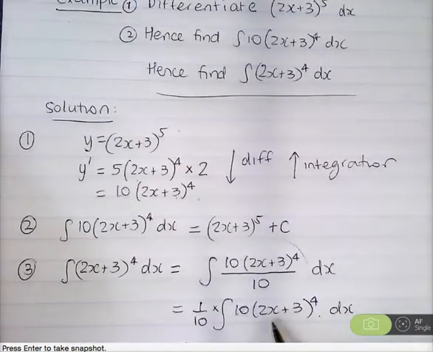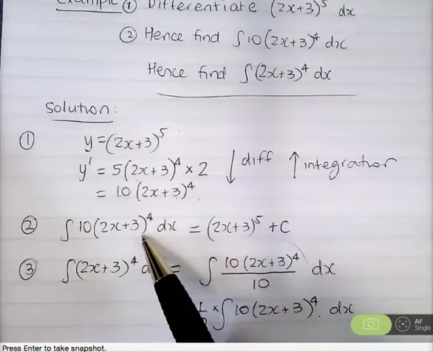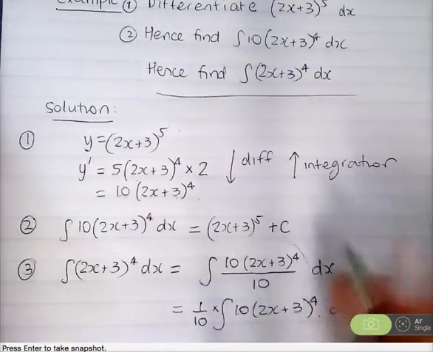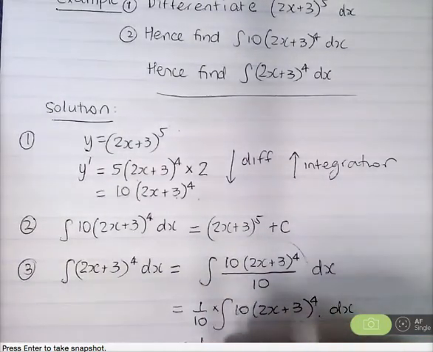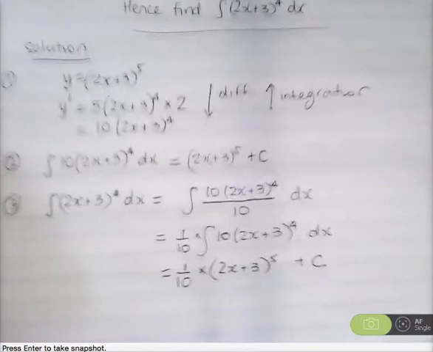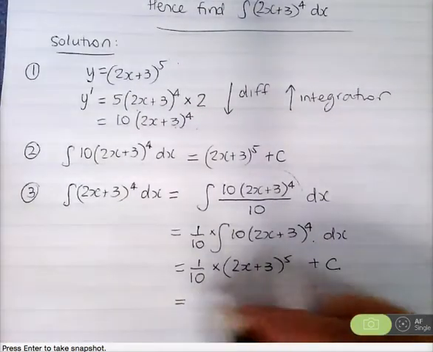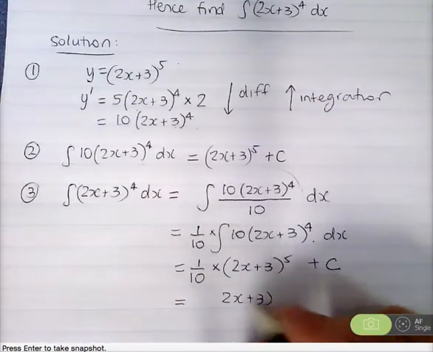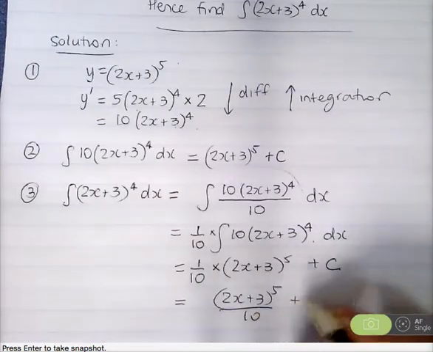The integral of 10(2x + 3)^4 is here in part 2. It actually is (2x + 3)^5. So I've got 1/10 times (2x + 3)^5 + c. Now, I'm going to write this as (2x + 3)^5 over 10, plus c.